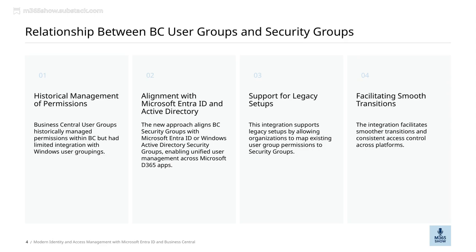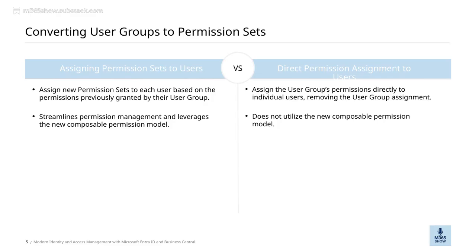Historically, Business Central user groups managed permissions within Business Central itself, but their integration with Windows user groupings was limited. This new strategy bridges that gap, providing a more cohesive and streamlined permission management system that works seamlessly across the Microsoft ecosystem.